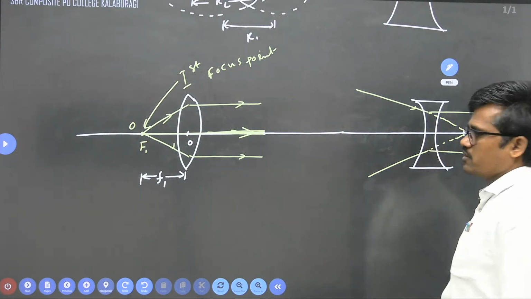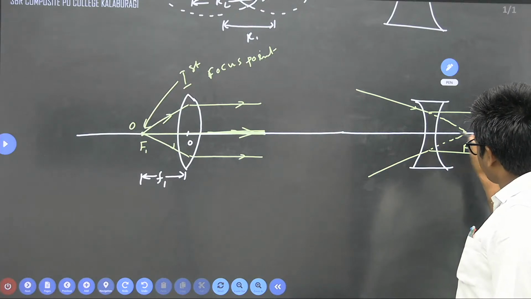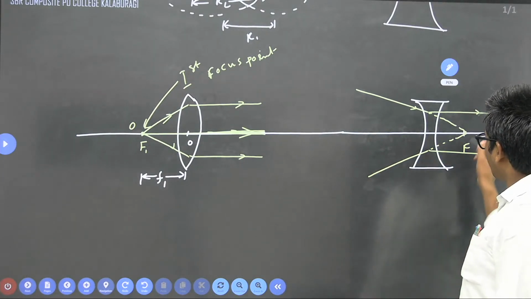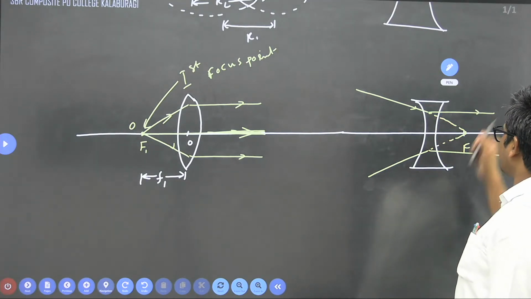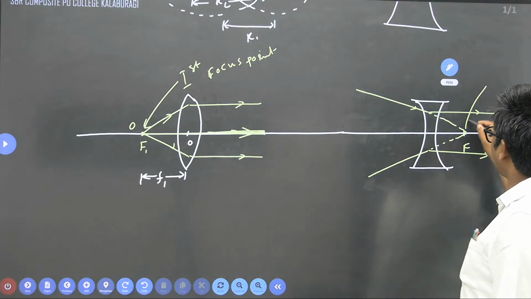In the case of a concave lens, the converging rays are heading towards one point on the other side of the lens. The point where they're supposed to go, after refraction they finally become parallel. So this is called the first focus point.